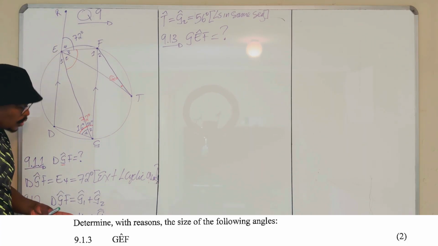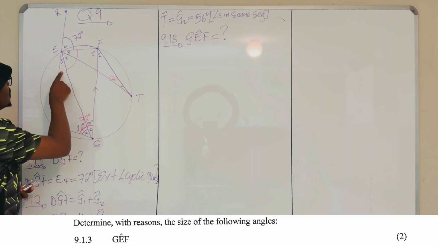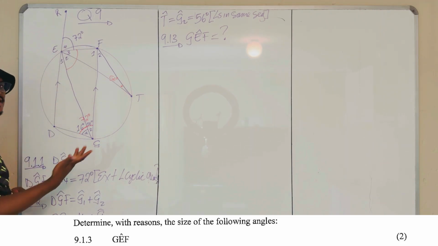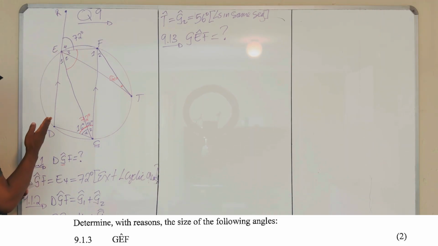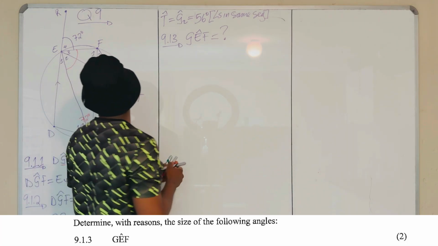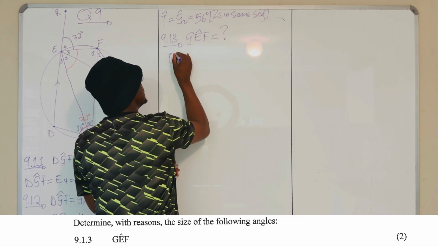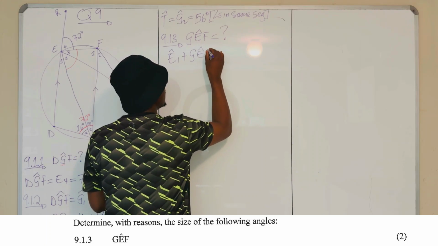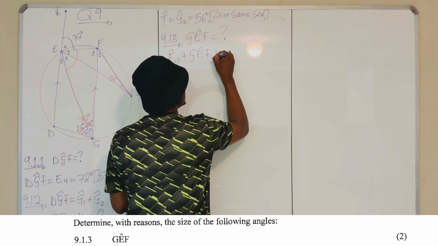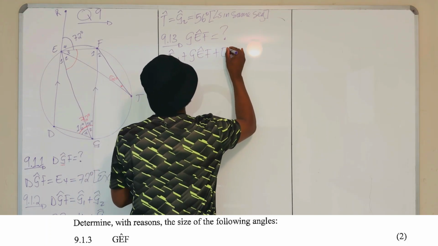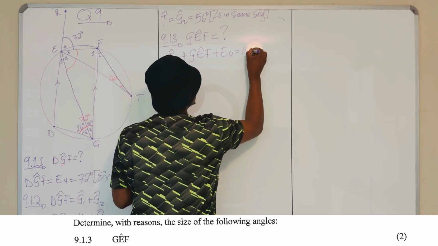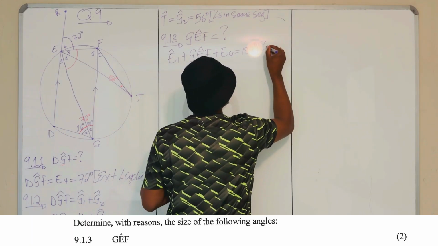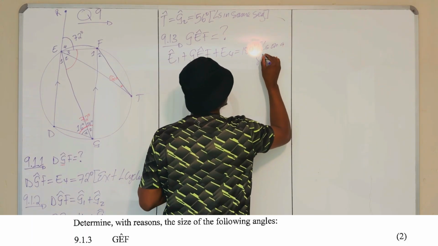So this angle plus that angle is 180 degrees because those are angles on a straight line. Let's write that. Angle E1 plus angle E, which is formed by line segments GE and EF, plus angle E4 is equal to 180 degrees. Those are angles on a straight line.